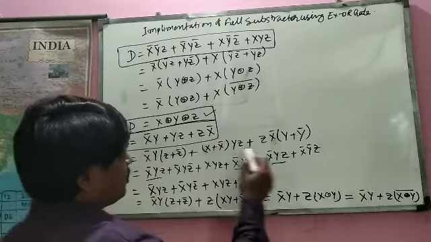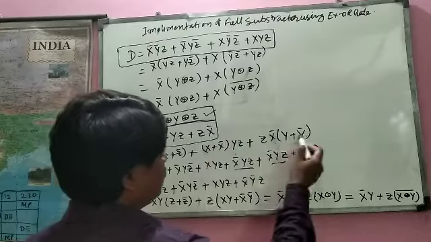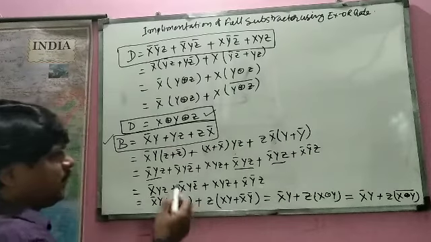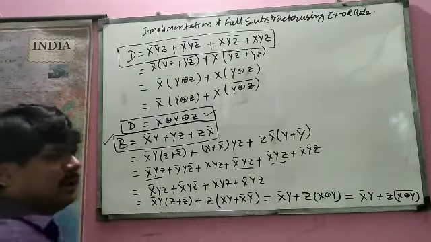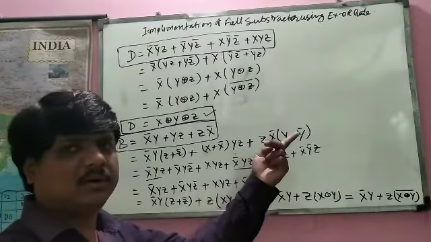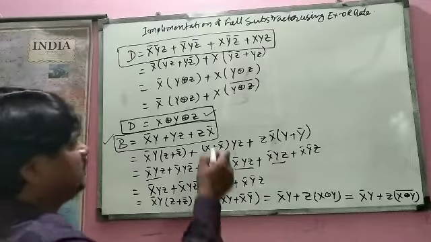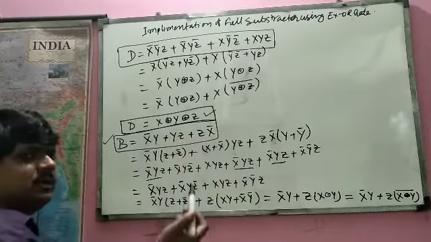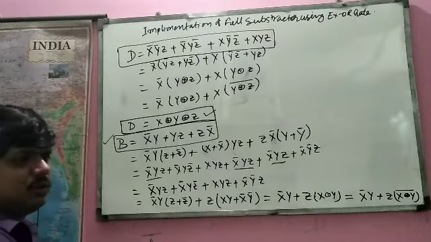Here y is not there, so we will multiply this term with y plus y bar. Multiplying with y plus y bar will not change the result, because y plus y bar is 1. So we are just multiplying with 1, and the result will not change.